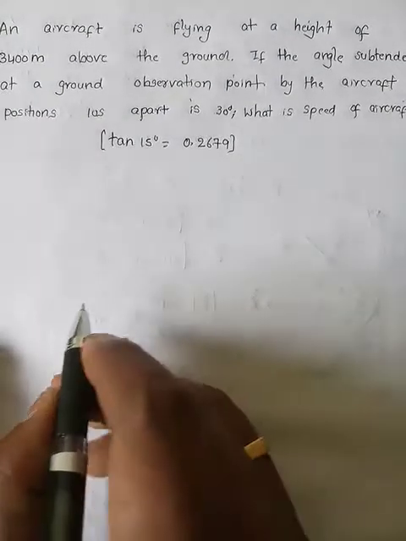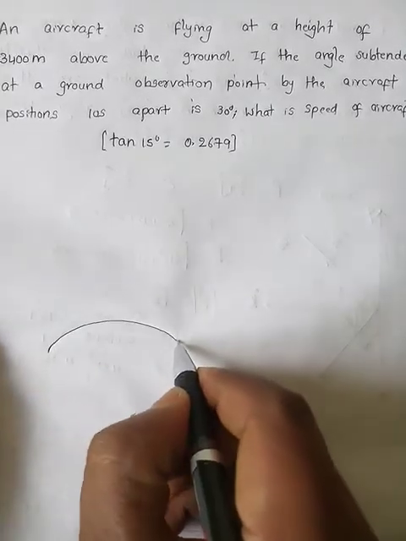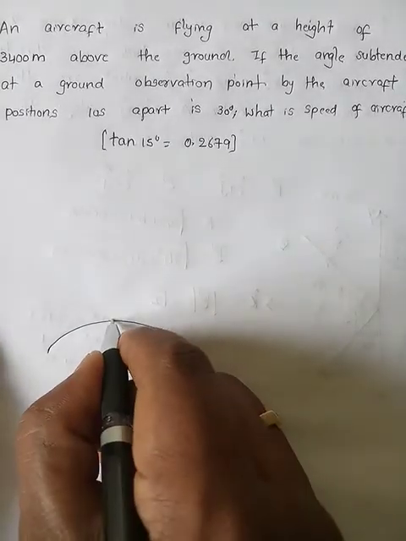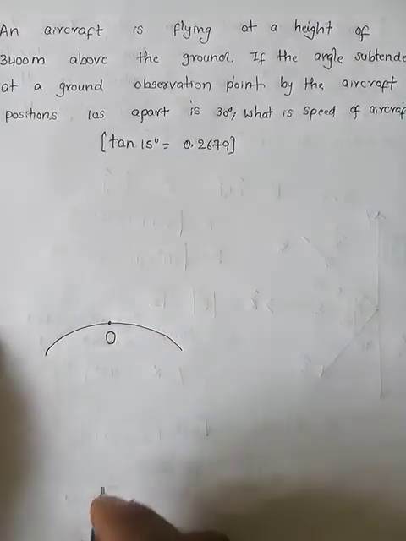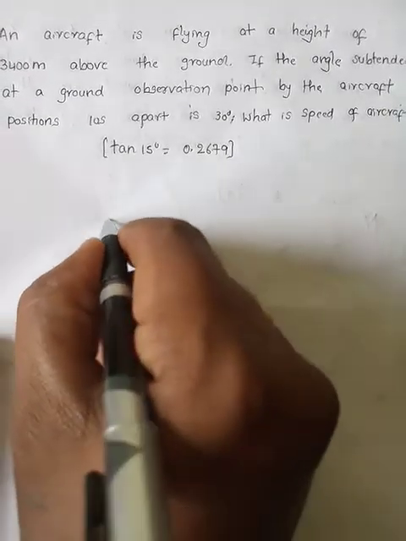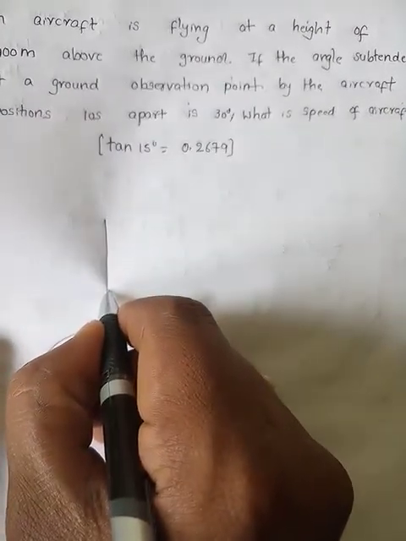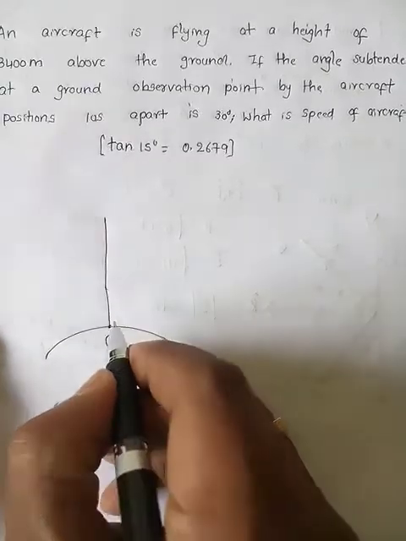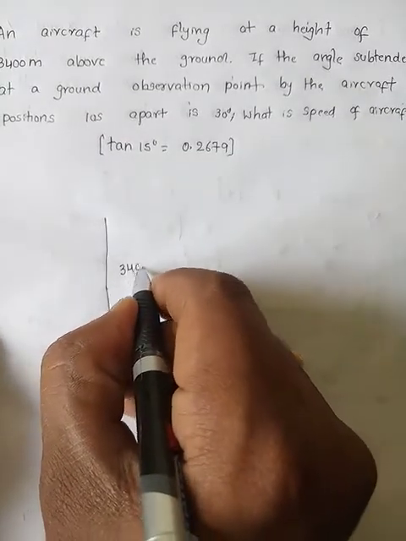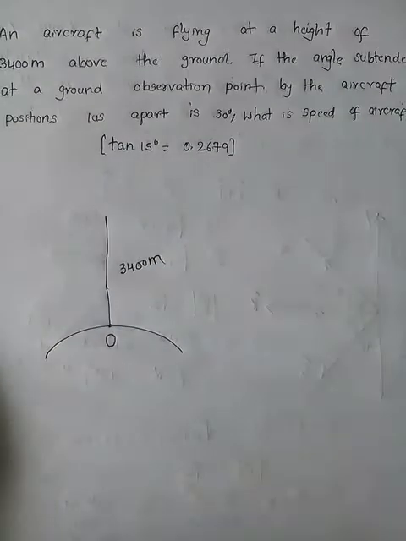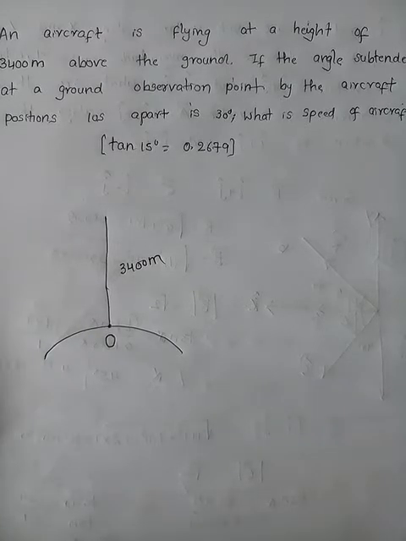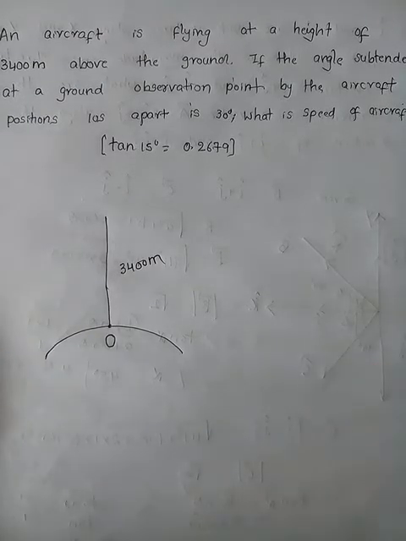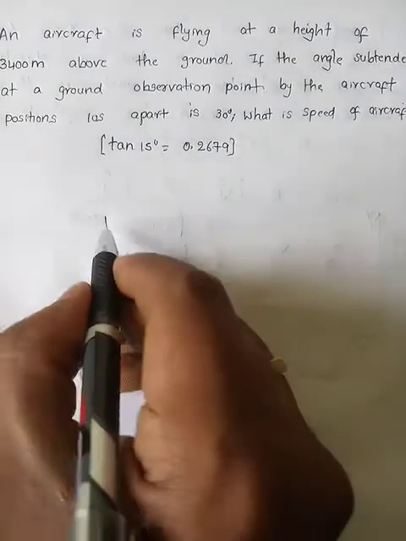Let us see the assumption. For example, we are standing on the surface. This is the observation point and the aircraft is flying at a height of 3400 meters. The positions 10 seconds apart subtend 30 degrees.